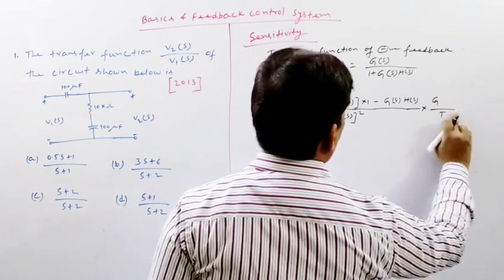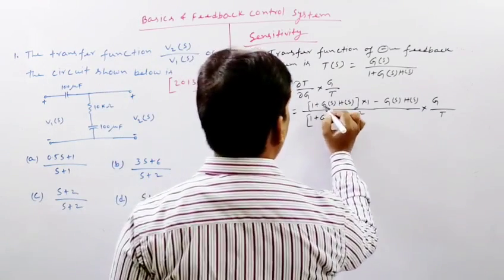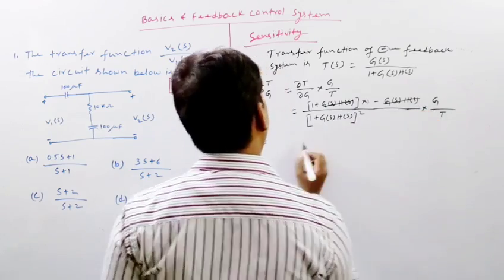Let me write G by T later on. This G(s)H(s) gets cancelled by this G(s)H(s).